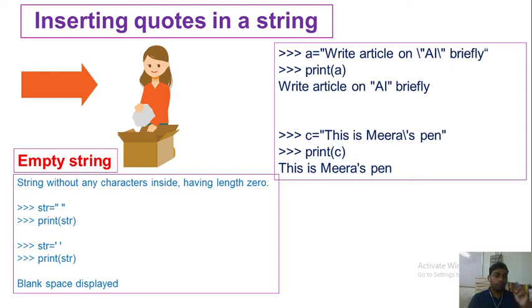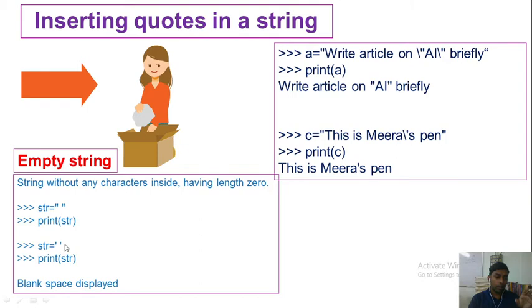Yes, so here it is the empty string. We have a string without any characters inside, having length 0. That's what an empty string is, a string that does not have any value. You can see str equal to double quotes, then print str, which prints nothing.